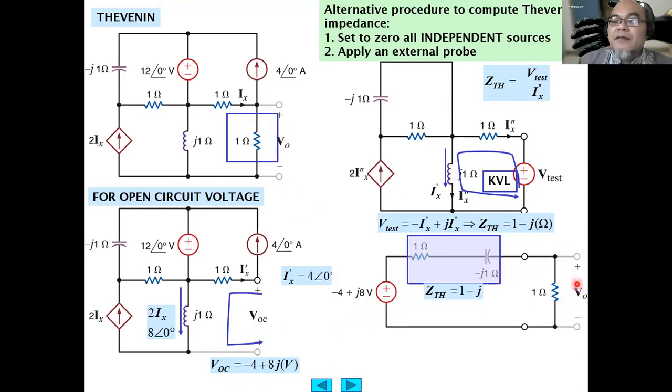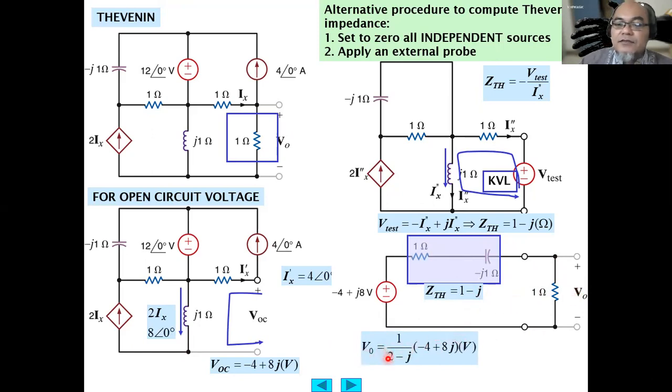So the output voltage you can calculate using the voltage divider formula, or you can calculate first the current flowing through this circuit and then multiply the current with this 1 ohm resistor to obtain V output.